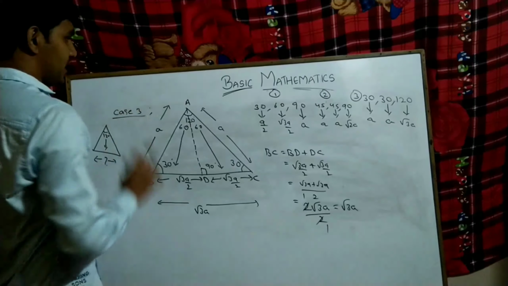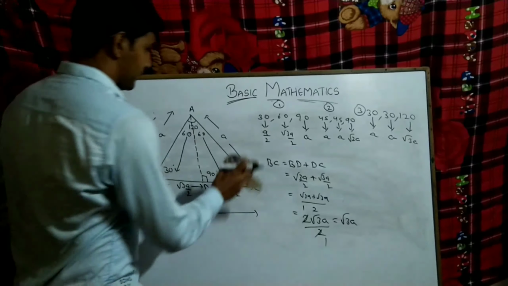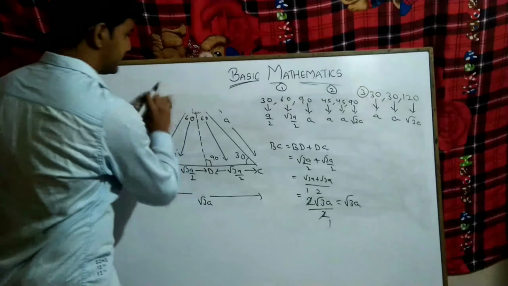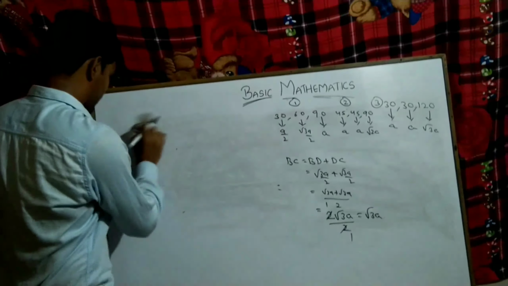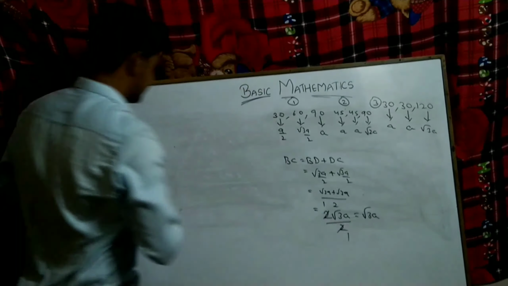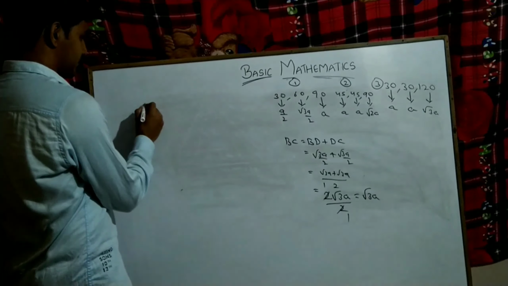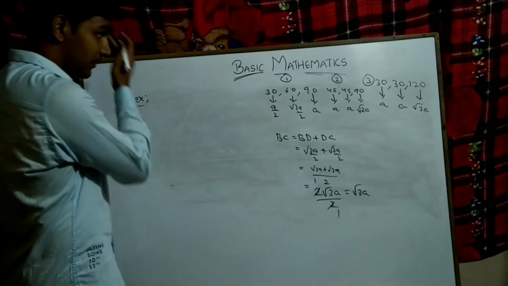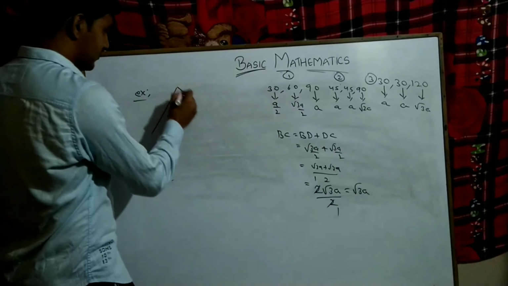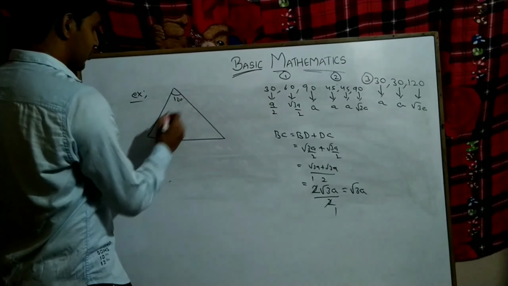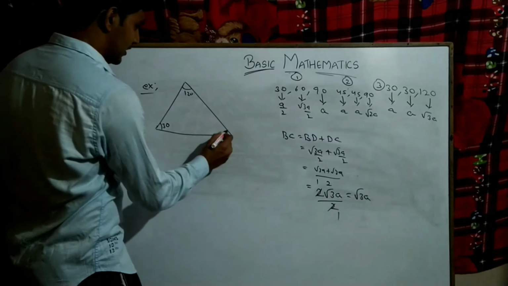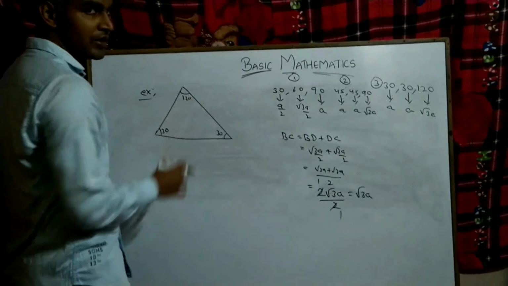Now I will take any example of case 3. Take one example, then you will understand. If an isosceles triangle is given with one angle 120, and the other two are 30 and 30, it will be mentioned in the question.